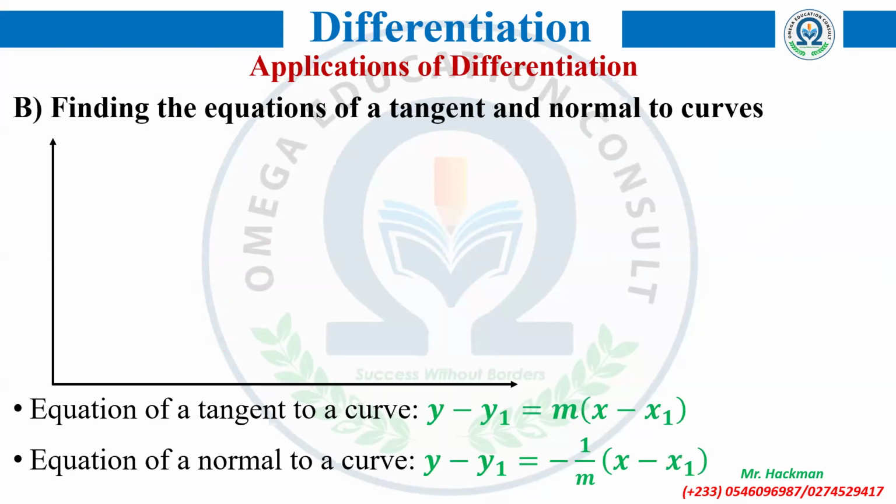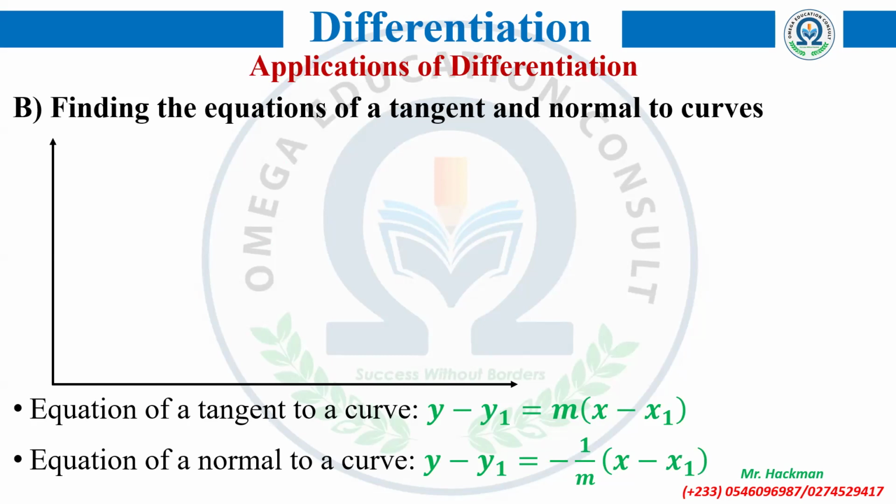So that takes us to the second application, application B: finding the equations of a tangent and normal to curves. This is closely linked to the first application, which had to do with the gradient. Remember, the tangent is a line, and the normal will also be a line.